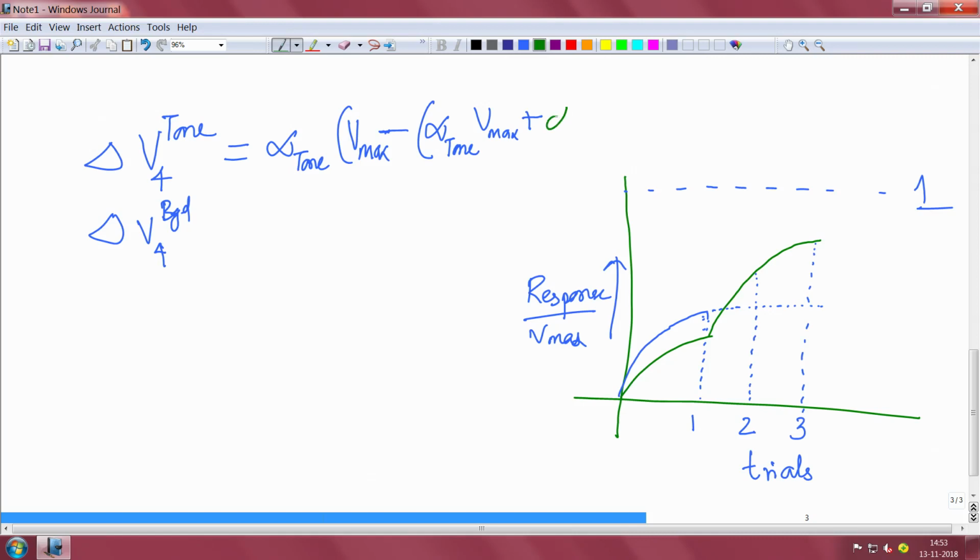So, it will be alpha BGD times 1 minus alpha BGD and so on and so forth.